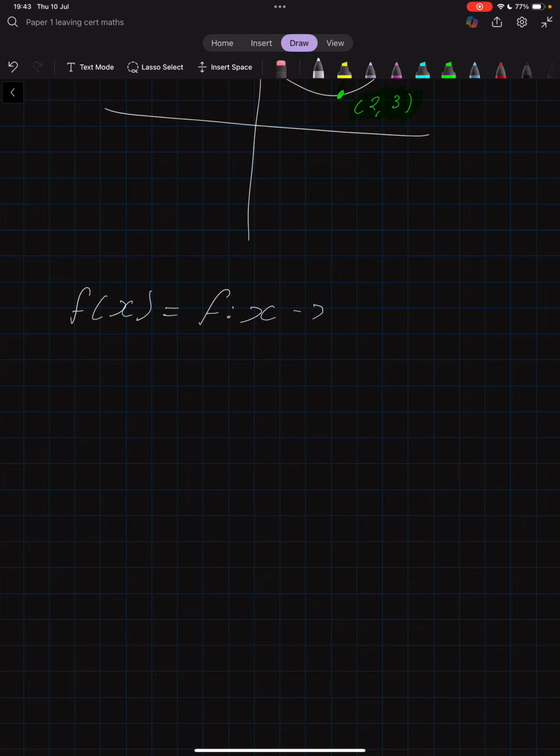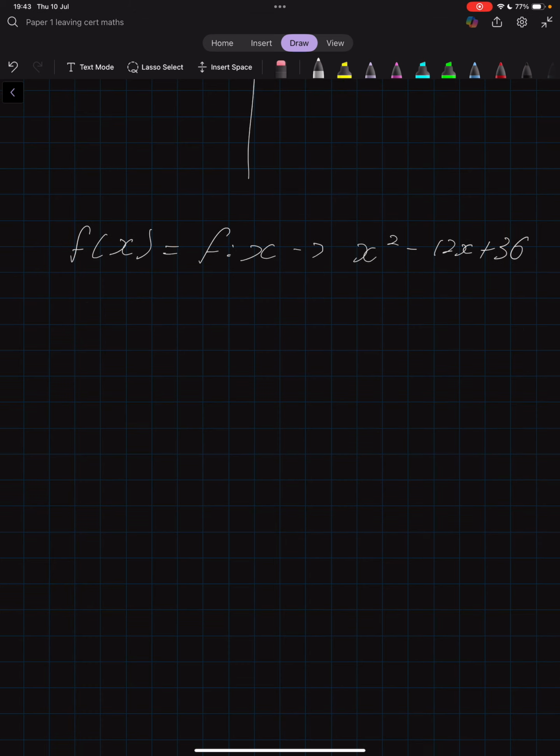So it's the exact same thing as x squared minus 12x plus 36. In this case, there's a 1 in front of the x squared, so you can just leave that the way it is. Typically you divide out by the number in front of the x squared in the front two, but in this case it's a 1, so I can just leave it the way it is.